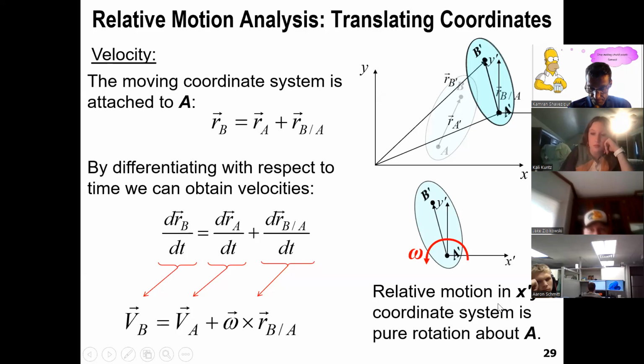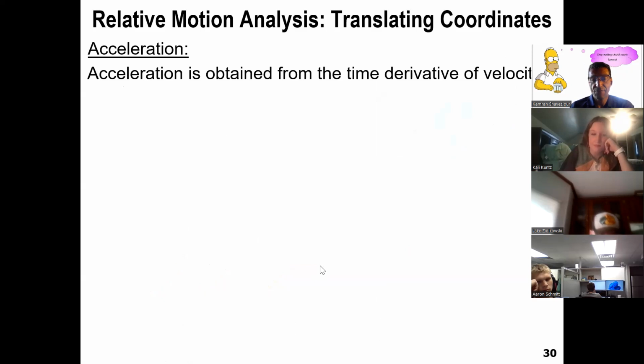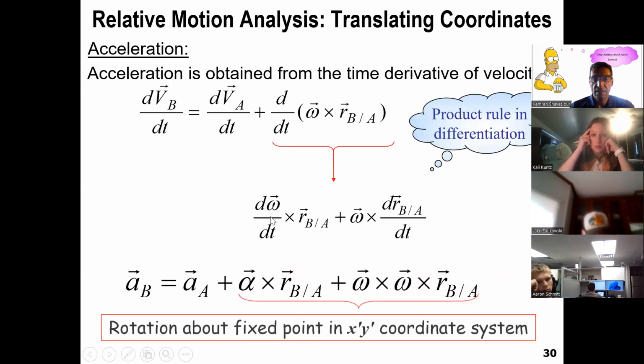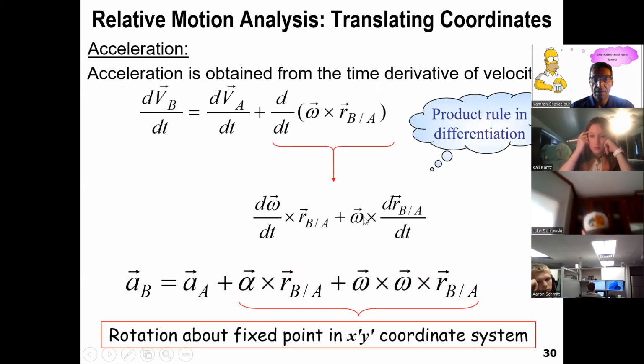Now, in the next slide, practically what I did on the tablet, we're going to do the same. This is the time derivative. This is going to give you this part and this part. We separate them. It looks like rotation about a fixed point, but in the x'y' coordinate system, which is not technically a fixed point.